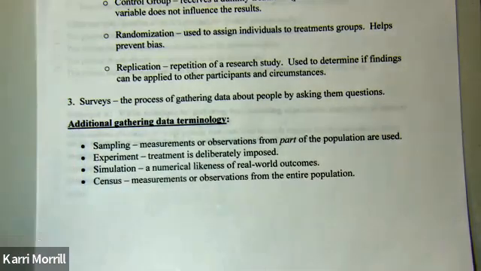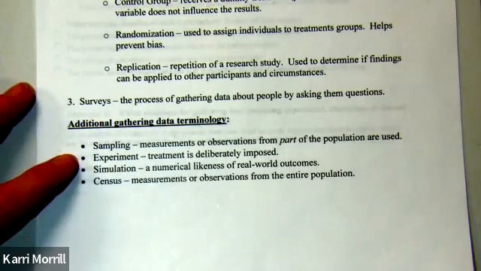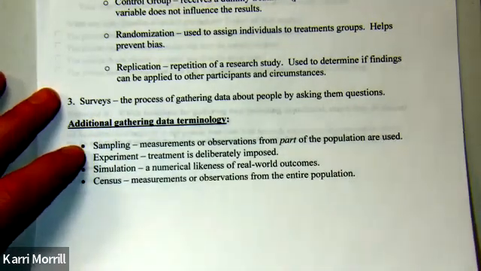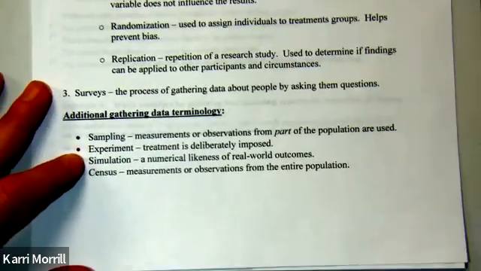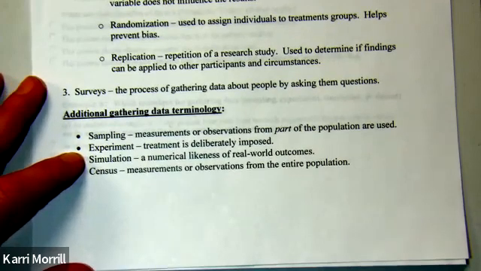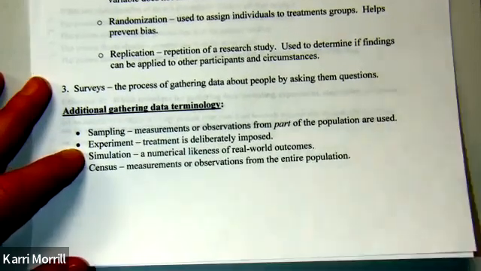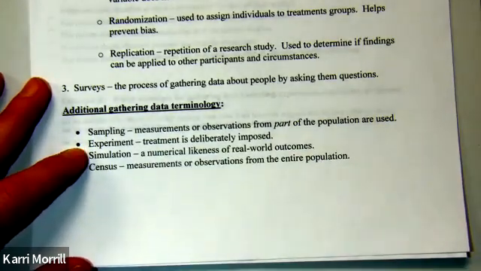So you have your whole population, for instance, Northern Oklahoma's college students, and maybe we sample elementary stat students to be part of a study. That would be sampling. Experiment, treatment is deliberately imposed. So they do that on purpose and they observe what happens. They get data from that.